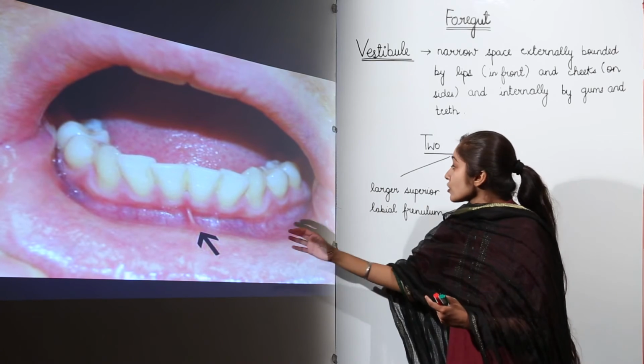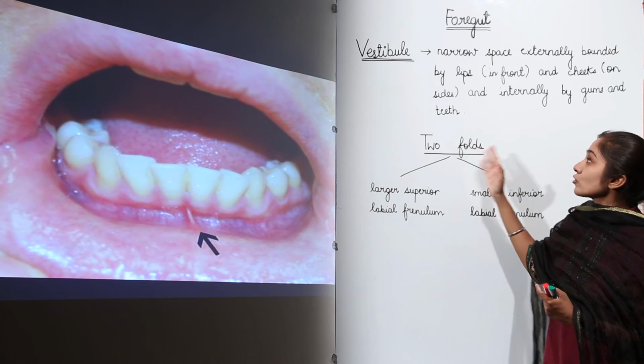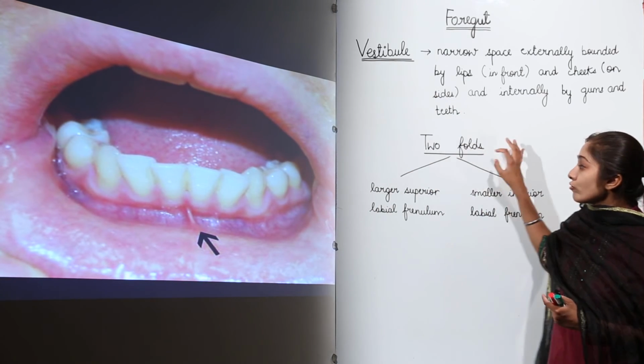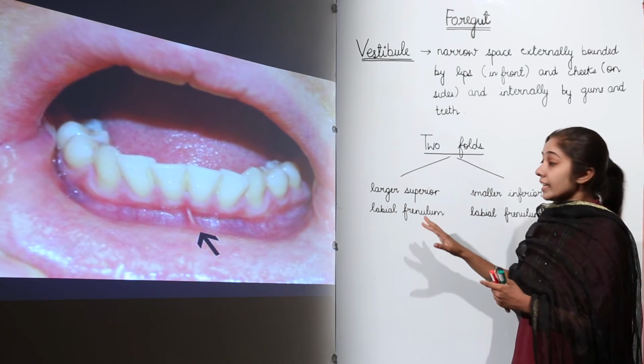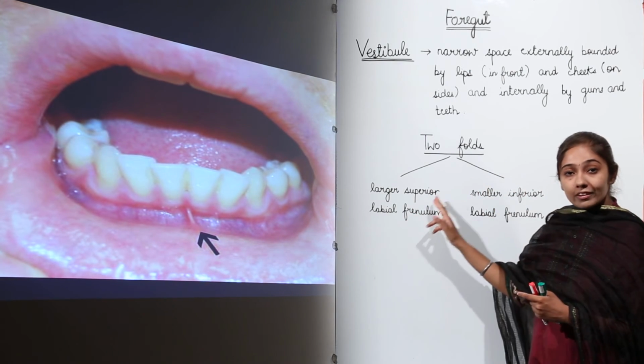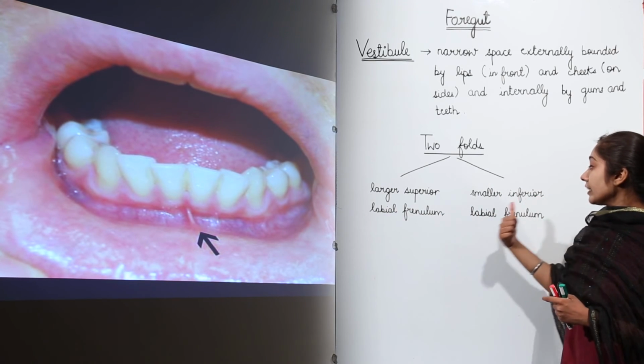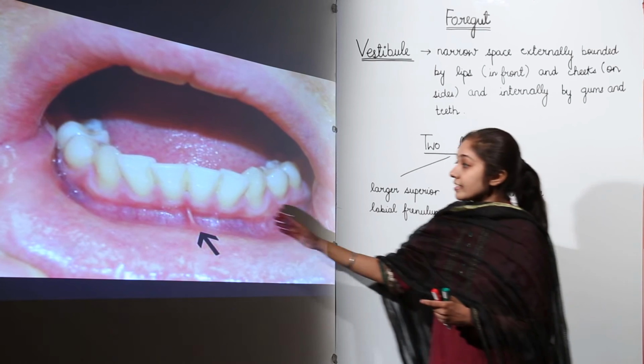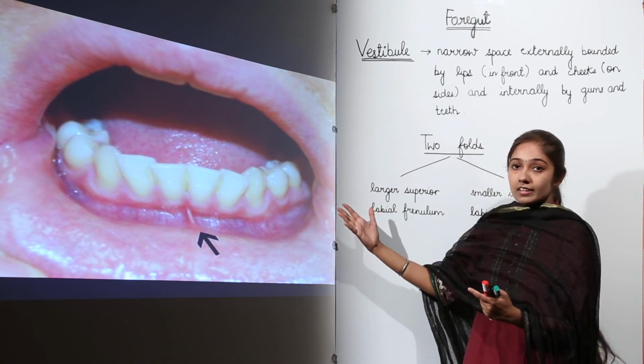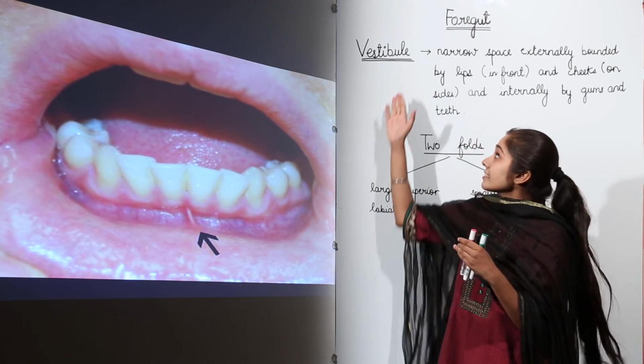So this is how there are two folds. This vestibule space has two folds which have these frenulums, the superior labial frenulum and the inferior labial frenulum. So you can see in this image how this space is there, which we call the vestibule.